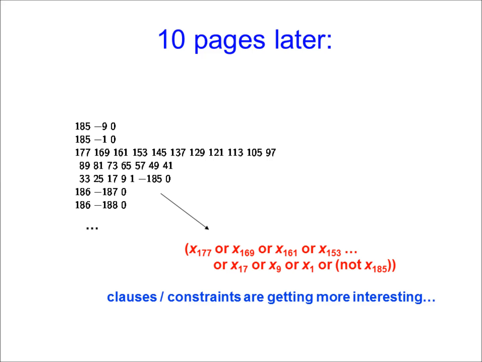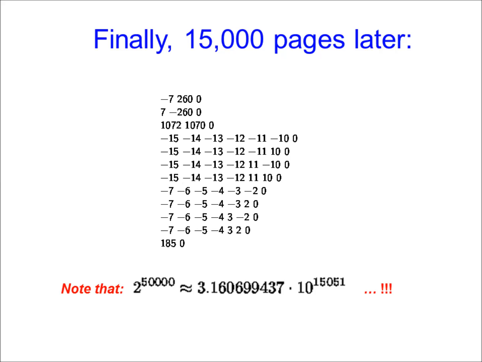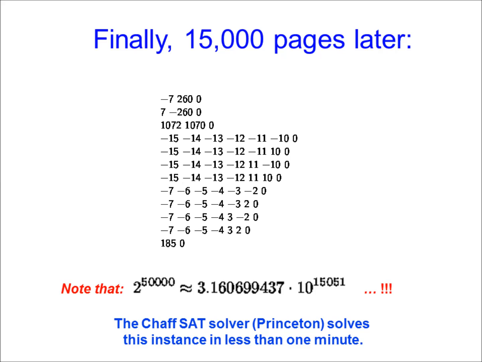This is 10 pages later. This is about 4,000 pages later. One of the clauses is a 59 CNF clause. And finally the formula ends 15,000 pages later. There are 50,000 variables. The total space is 2 to the 50,000, which is 10 to the power 15051. And in 2002, we could solve this in less than 1 minute.